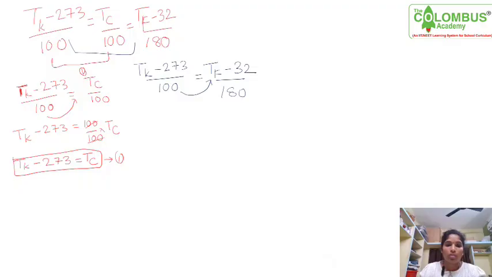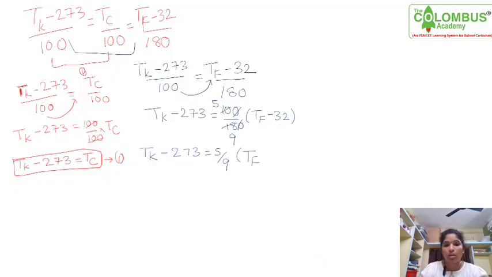So temperature in Kelvin minus 273 equals 100 divided by 180 into temperature in Fahrenheit minus 32. 0, 0 gets cancelled. 2 5s are 10, 2 9s are 18. Therefore, temperature in Kelvin minus 273 equals 5 by 9 into temperature in Fahrenheit minus 32.